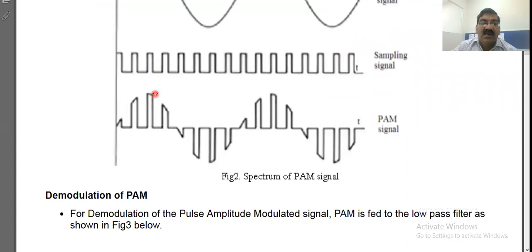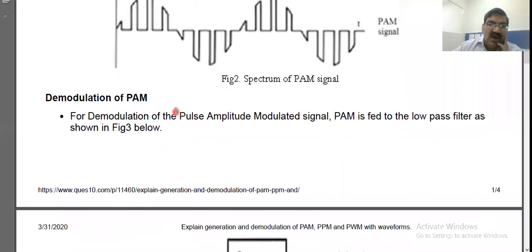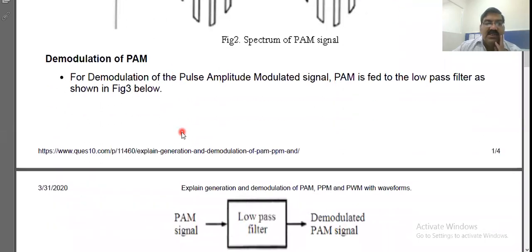Now, as the modulation is done, we have to do the demodulation. So how can we do demodulation? For the demodulation of the pulse amplitude modulated signal, the signal is fed to a low pass filter.